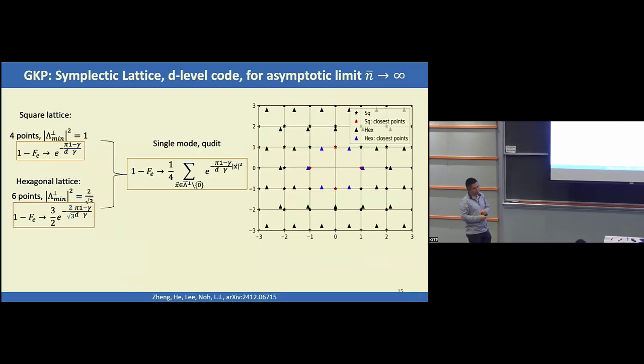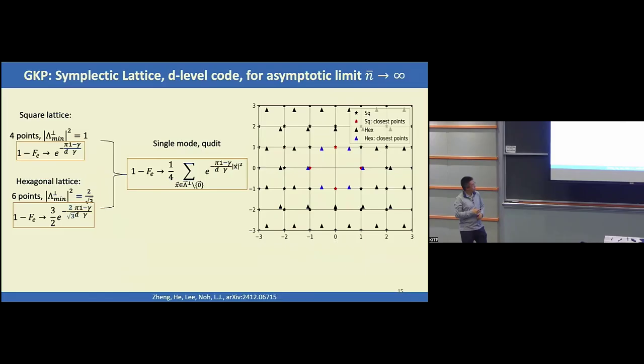So what happens is that if you have efficient packing of your phase space lattice, then the dual space will actually give you larger spacing. The larger spacing means this quantity is large, so therefore the effective logical error will be smaller. That's the reason why we need efficient packing in physical space, so that you have larger spacing in the dual space, and therefore the effective error will be smaller.